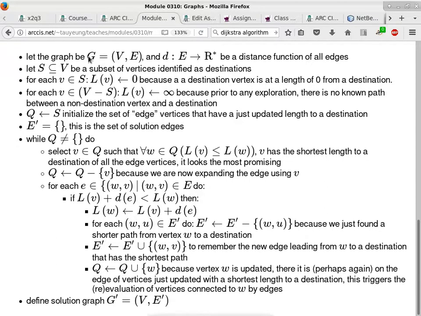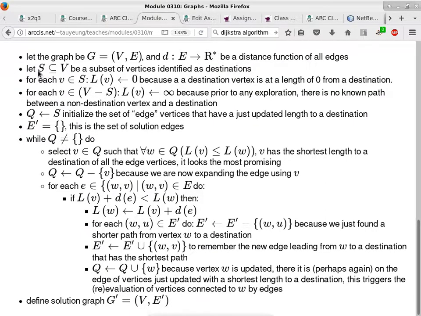So we're dealing with a graph. The graph that we're dealing with, using the typical notation, is a 2-tuple of V and E. V is the set of all the vertices. E is the set of all the edges, and also we have a distance function so that we can map each edge to a particular real number as its distance or cost, depending on how you want to call that, but I just call it distance.